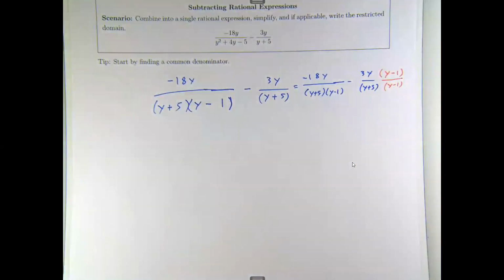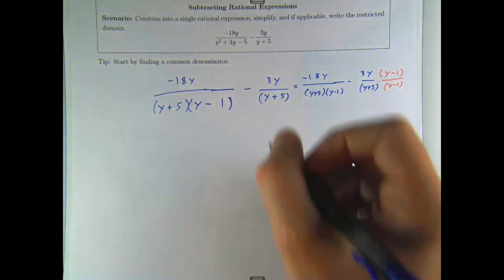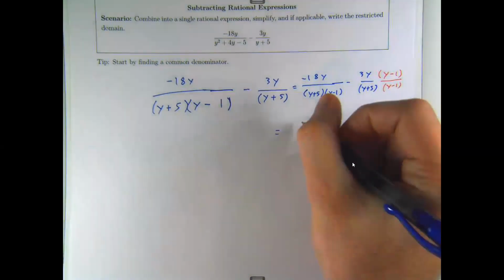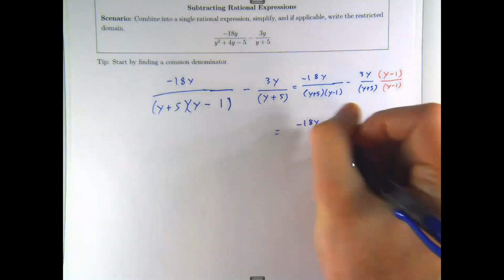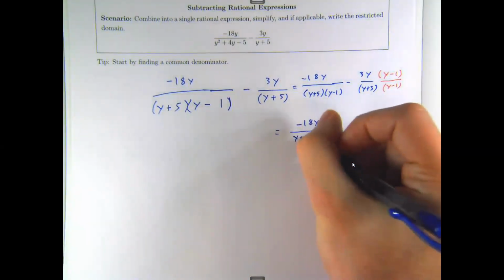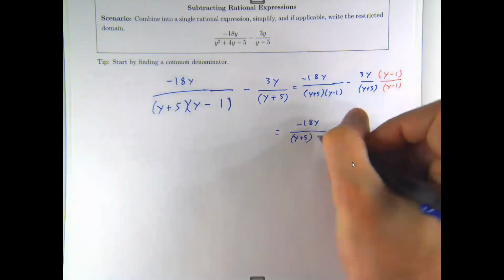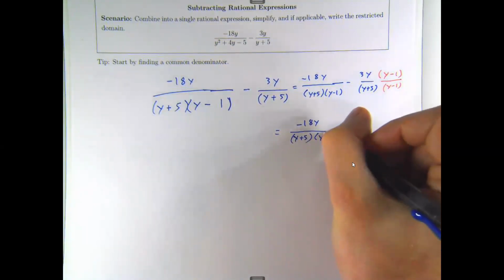Doing so will give me a common or shared denominator. So I have -18y over y plus 5, y minus 1.